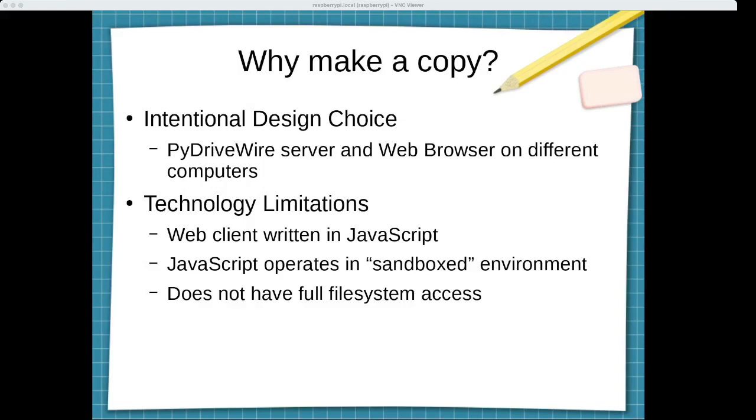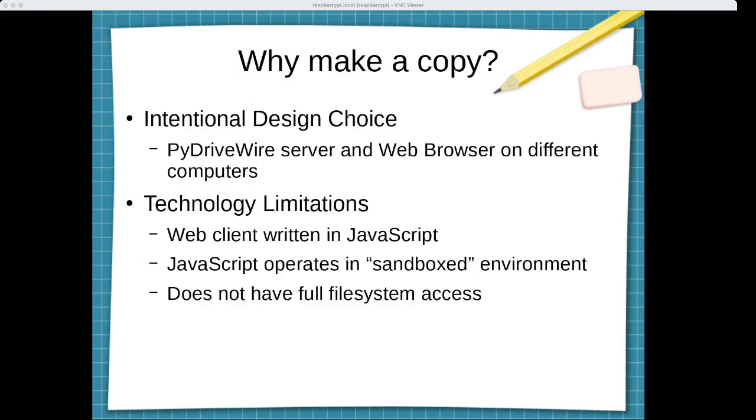A second reason is technology limitations. The pyDriveWire web UI client is written in HTML and JavaScript, and generally speaking, that's a sandboxed environment. As I mentioned before, the web browser does not have full, unfettered access to your hard drive wherever you're running the web browser.